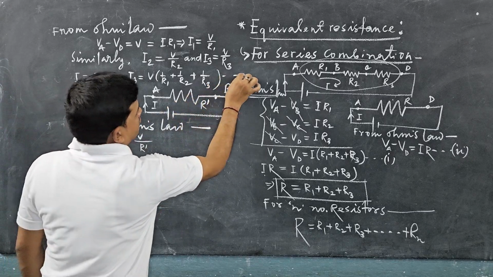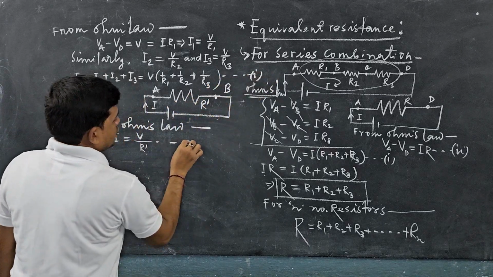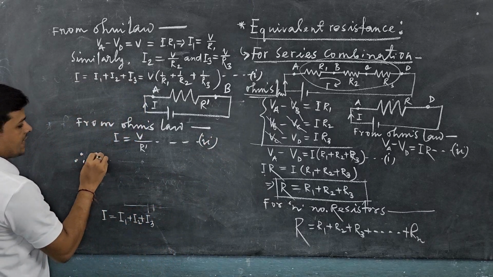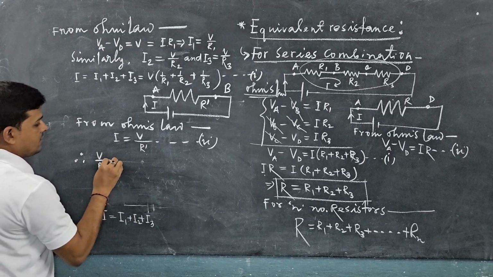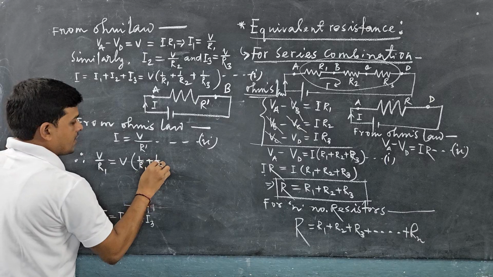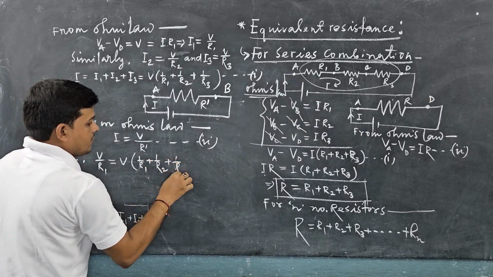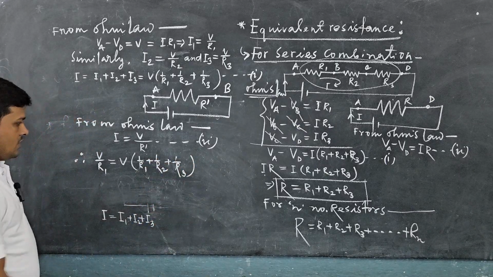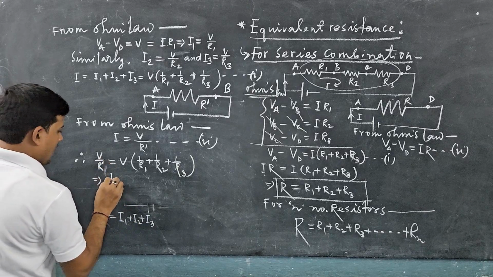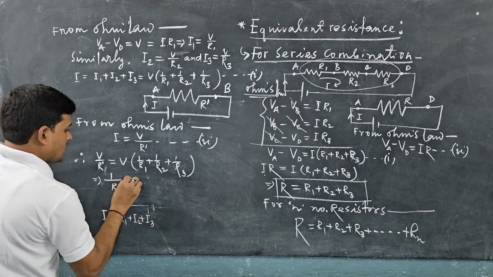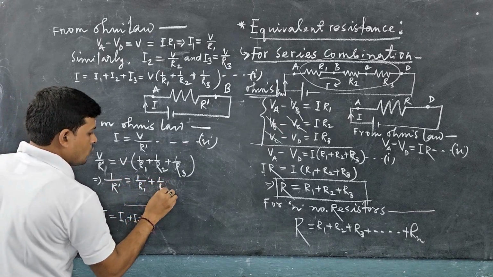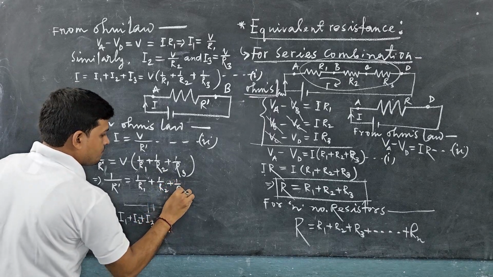By comparing equation number 1 and equation number 2 here, therefore we can write V by R prime equals V into 1 by R1 plus 1 by R2 plus 1 by R3. The result shows that 1 by R prime equals 1 by R1 plus 1 by R2 plus 1 by R3.